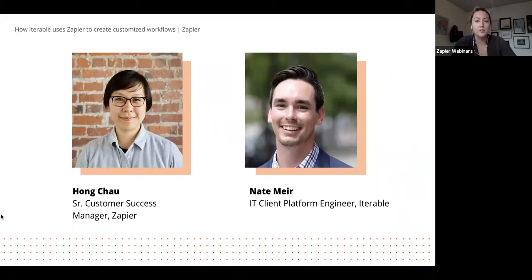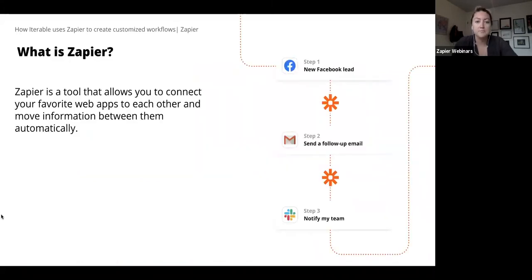So for those of you unfamiliar with Zapier or Iterable, I just want to give you a quick overview of both. What is Zapier? Zapier is a tool that allows you to connect your favorite web apps to each other and move information between them automatically. This allows you to forget busy work and focus on what really matters. You can connect apps like MailChimp, Gmail, Slack, or Salesforce. And since we work with over 2,000 apps, there's a good chance you'll find one that you use every day.